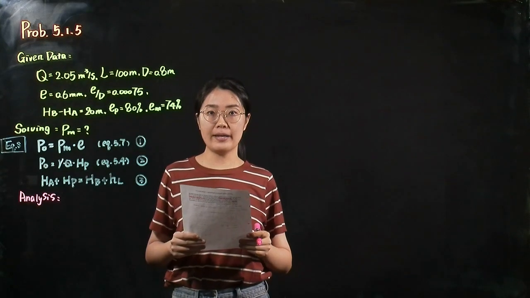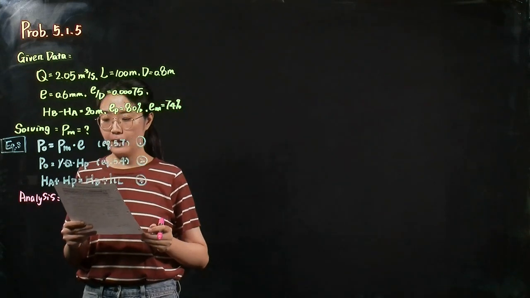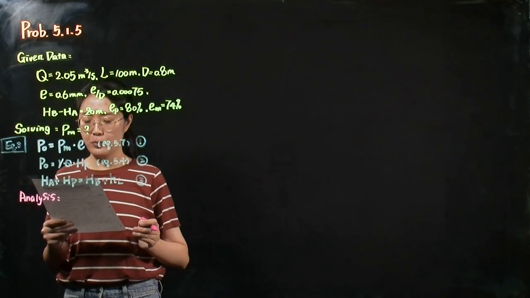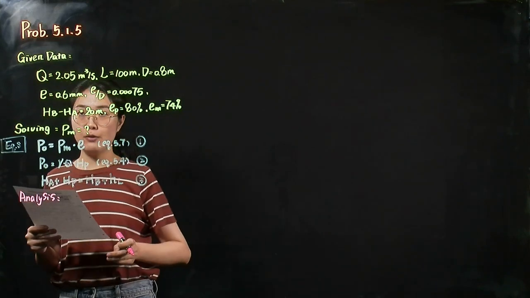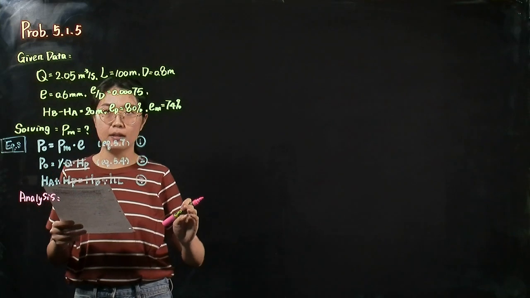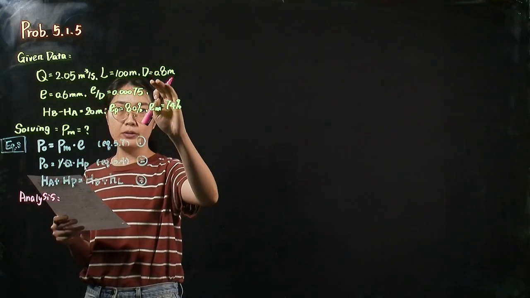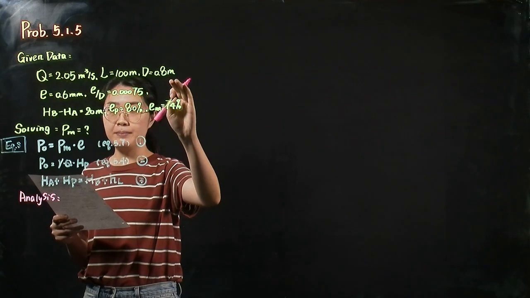Now let's take a look at the last problem. Here is a pump installed in a pipeline that moves water from reservoir A to B. The flow rate equals 2.05 cubic meters per second. The length of the pipe equals 100 meters, and the diameter is 0.8 meter.